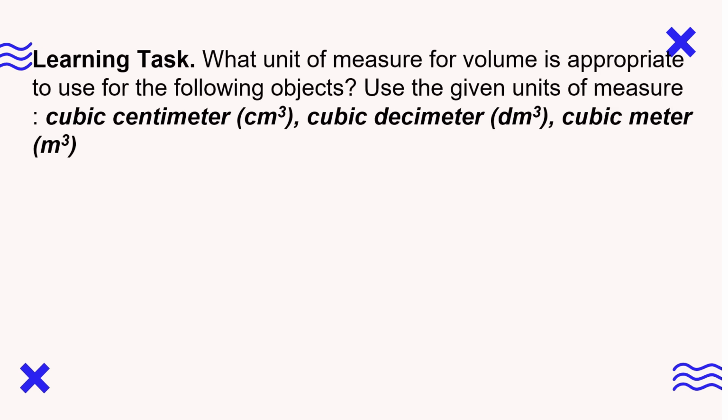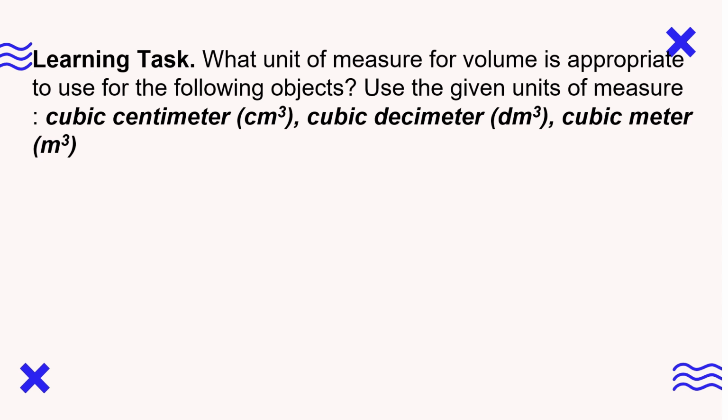And, so, tingnan natin. Learning task natin, what unit of measure for volume is appropriate to use for the following objects? Use the given units of measure. So, cubic centimeter, cubic decimeter, cubic meters. So, alin kaya? Siyempre, pag cubic centimeter, medyo maliit lang yan. Then, followed by cubic decimeter, mas malaki ng konti sa centimeter. Then, cubic meter, malaki na yan, diba?